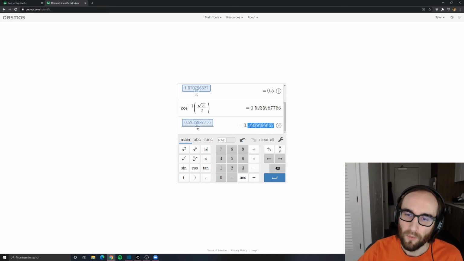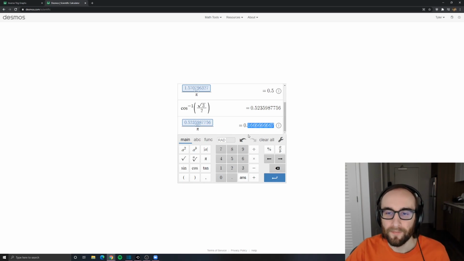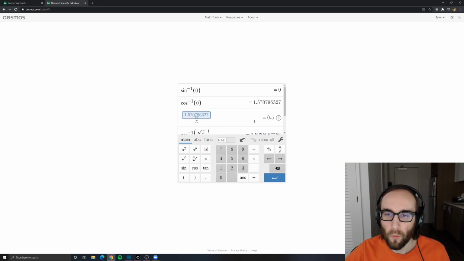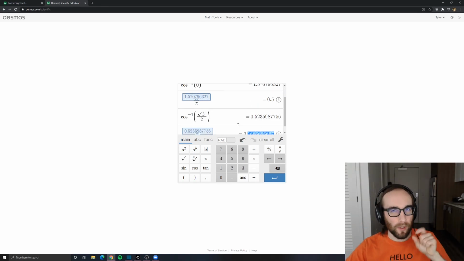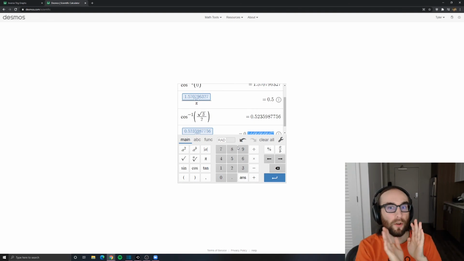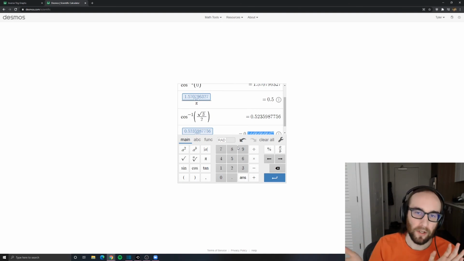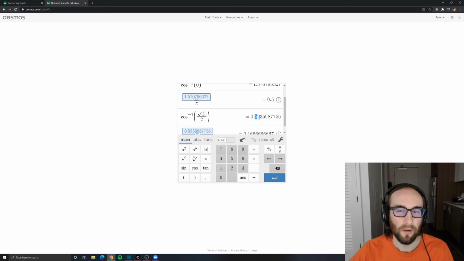In other words, we have pi over 6 in this case. So that's how we can use a calculator to calculate inverse sine, inverse cosine values. We do want to keep in mind those domain restrictions, though, because our domain and range restrictions will affect the answers.